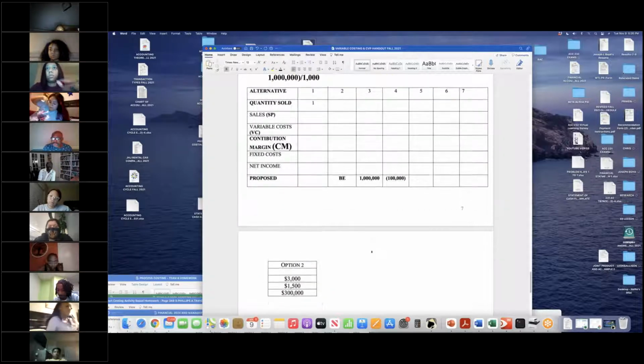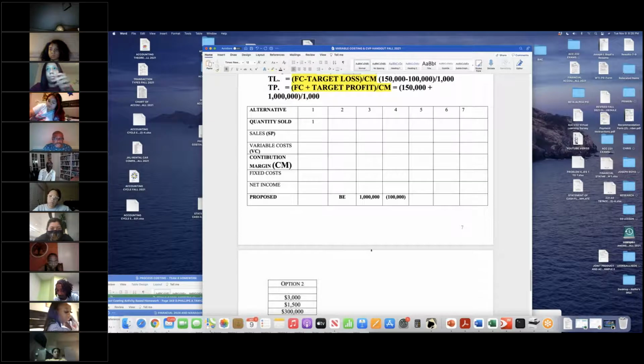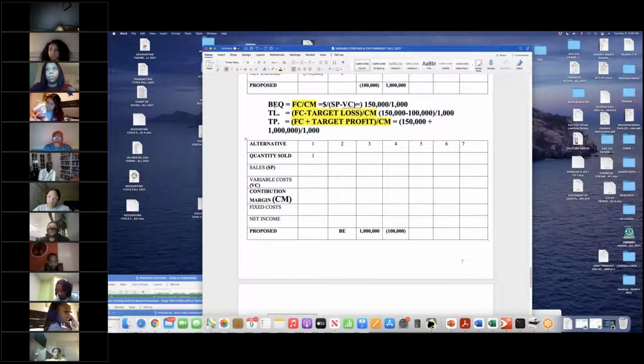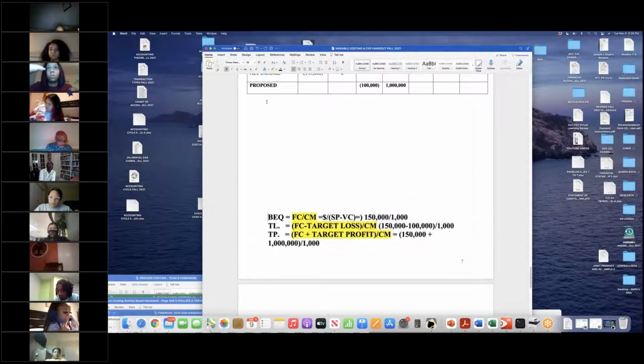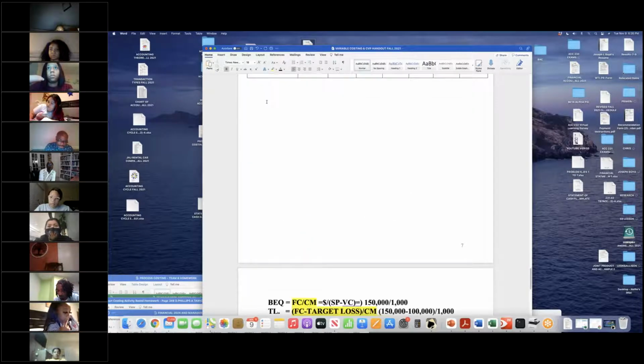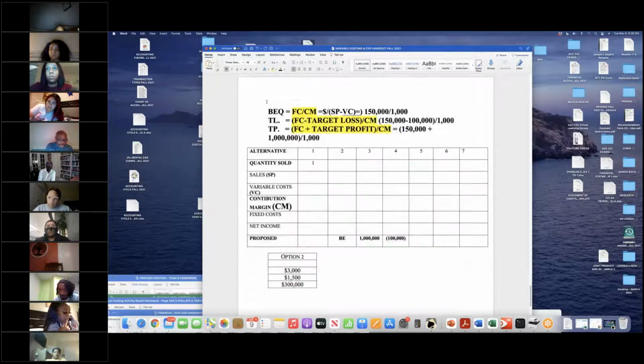So I got the assumptions a little closer. Let's see if I can try this. So I got everything on one page.